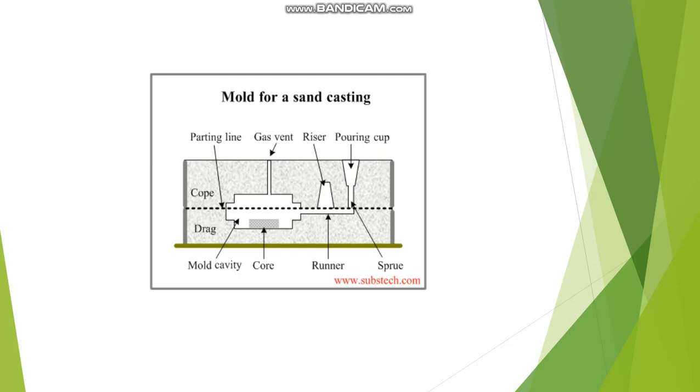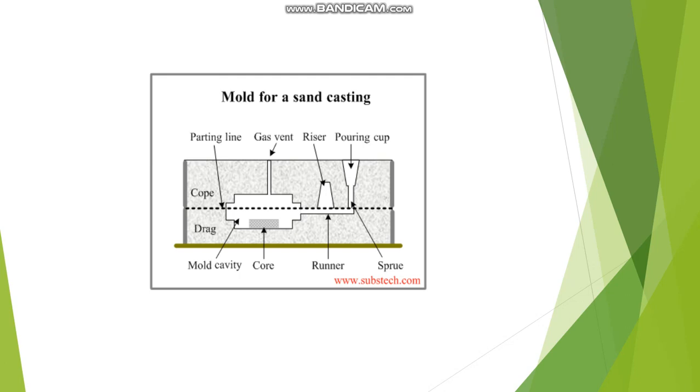Now there are other areas also. This is the mold cavity you can see. One core is placed because you wanted to create some opening there. Then the gas vent is there so that the trapped gases can go out. And the riser is provided here, where excess material will be poured, in case during solidification some spaces appear, because by solidification the material will sink.